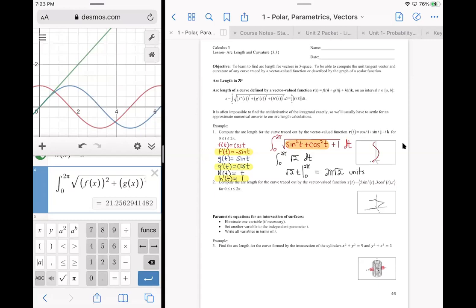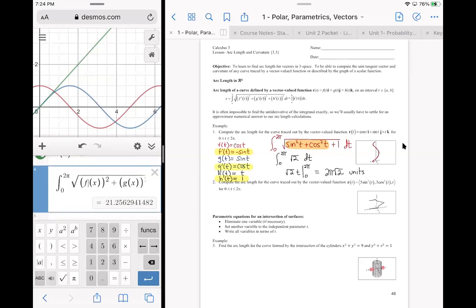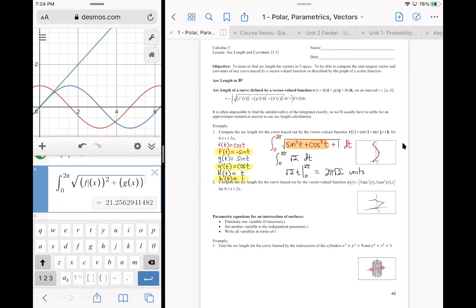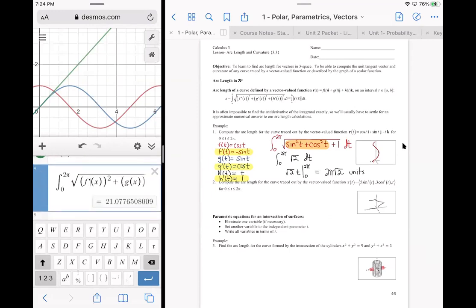Oh, you know what? I didn't put the derivatives in, but I wanted to. I'm just curious about something here. I actually never tried it with the prime. No, I don't think primes work on this.